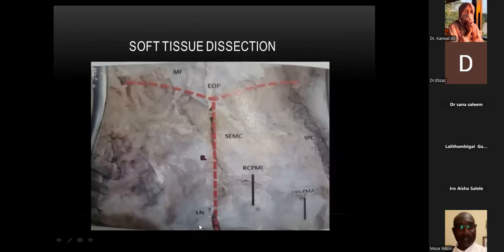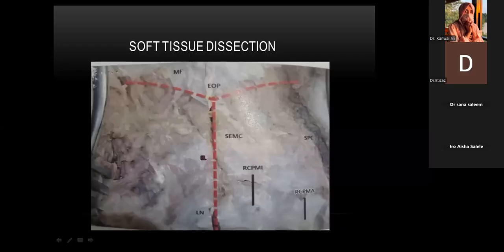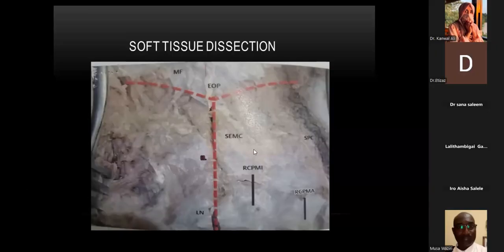Apart from this one, the external occipital protuberance. This is the incision line, the midline, called the linea alba. And there are four muscles, along with the mastoid muscles and the trapezius, that we should know: rectus capitis major, rectus capitis minor, and the obliquus capitis muscles.